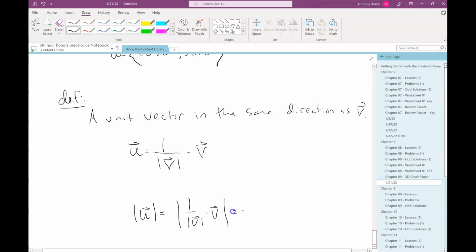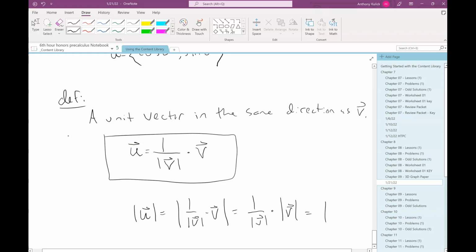So if I want to take the magnitude of u, I can pull that real number piece out, where I just have now 1 over the magnitude of v times the magnitude of v. That's just 1. And since all we're doing is a scalar multiplication, we know that the direction of v hasn't changed, right? When we drew the picture, it was just stacking on top of one another. So definitely got it. So that's it. Easy peasy.